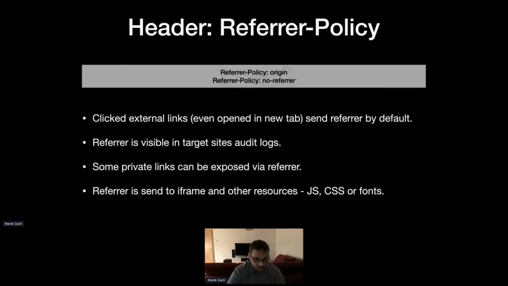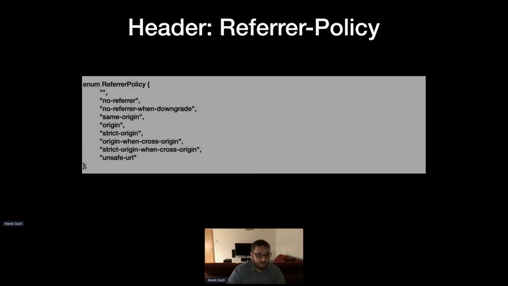It's quite dangerous, and especially dangerous because those referrers are also exposed to iframes and other resources like JavaScript, CSS, even fonts. Well, what to do about this is that there are plenty of possibilities of what you can set into this header.